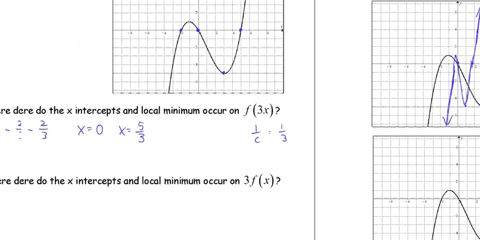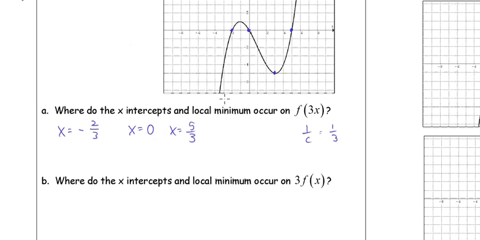Where does our local minimum occur? It was at 3, -5, and that x value got divided by 3, so our new local minimum is at 1, -5. The y values didn't change. Just the x values were divided by 3.